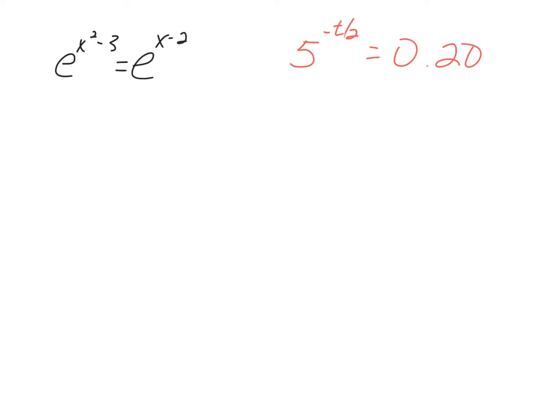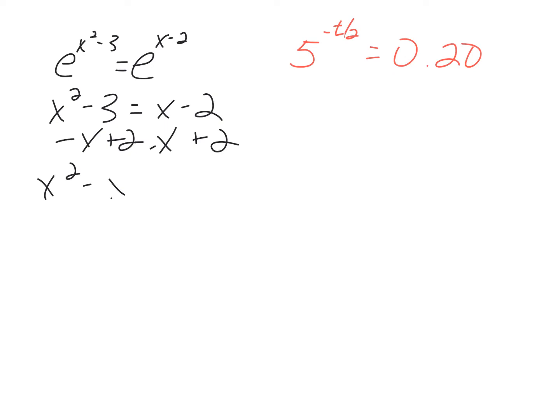All right, so we have two exponential equations. We're going to solve them. These are going to require a little bit more work in their own right. So we have the same bases on this first one to the left. So I can just set the exponents equal to each other. And then what we have here, as you may have noticed, is it looks like we have a quadratic.